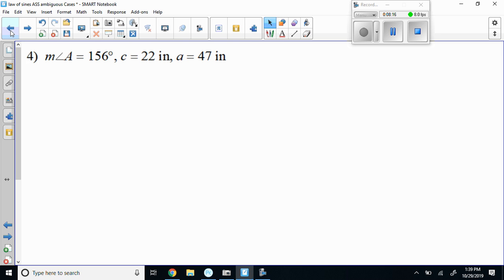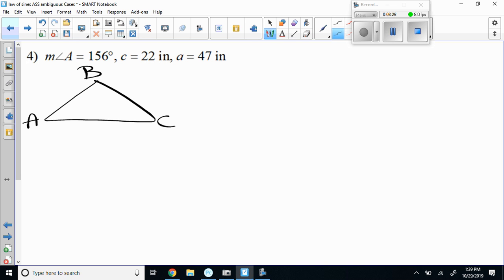Okay. So number 4, the first thing I would advise you to do is draw it. When you draw it, ladies and gentlemen, label A, B, C in corresponding or clockwise order.